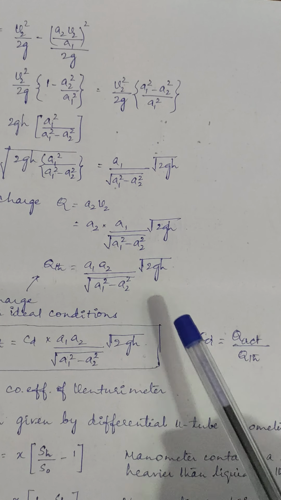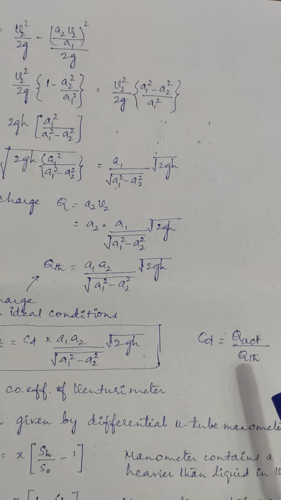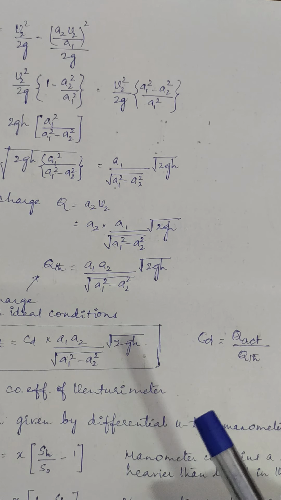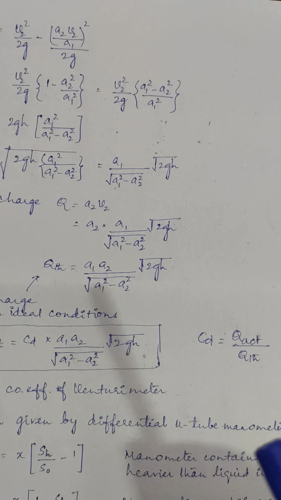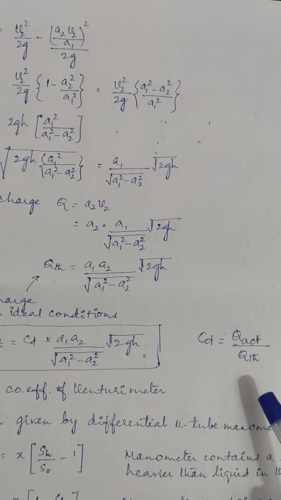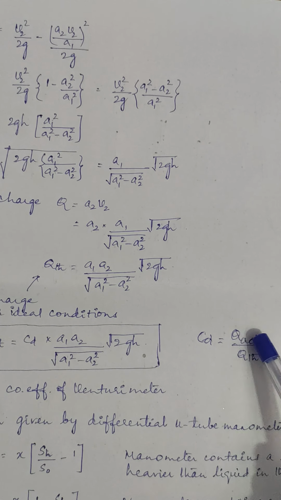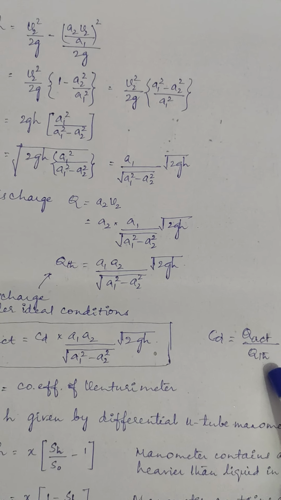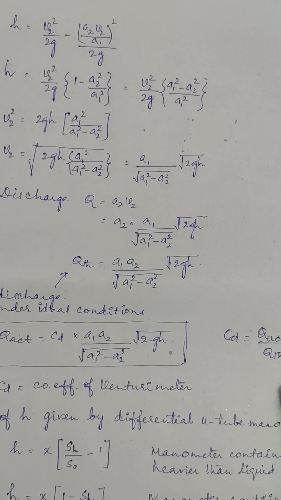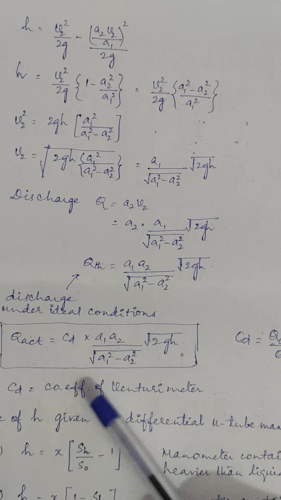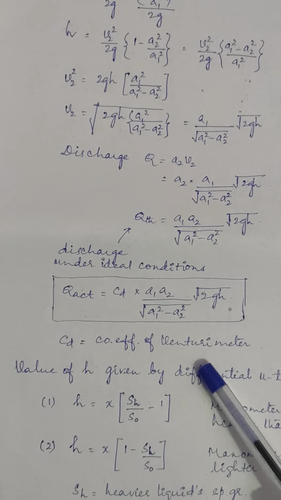But because there is a pressure drop as the fluid enters from the inlet of diameter D1 into the throat of reduced diameter, there will be energy loss. Because of that energy loss, the actual discharge is less than the theoretical discharge. So my CD value remains less than 1.